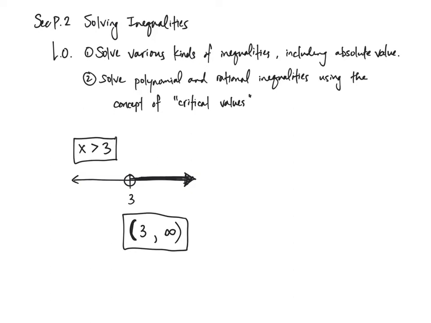Now, because the right side goes to infinity, we would say that this is an unbounded interval. A bounded interval would be one that has an actual value on both sides, so that the range of values is within two finite numbers.